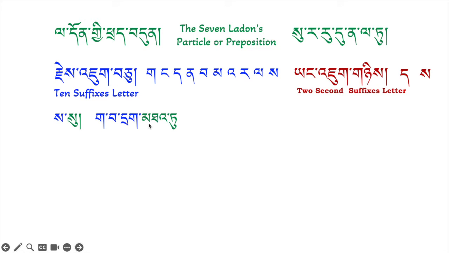What you have to use is the Ladin particle tu, only tu. Ka, pa, tak, ta is a Yangjuk ta. You can use only tu. You cannot use na, du, ru, ra, su, none of them.